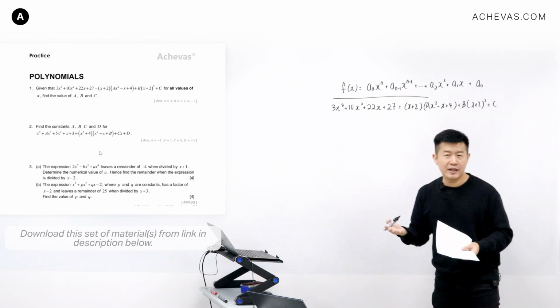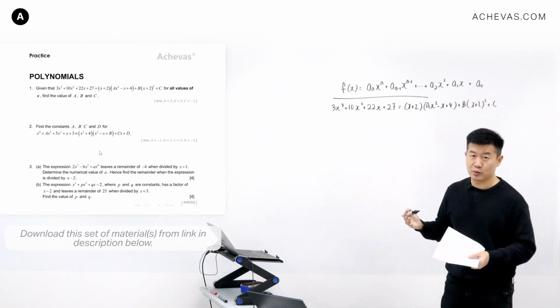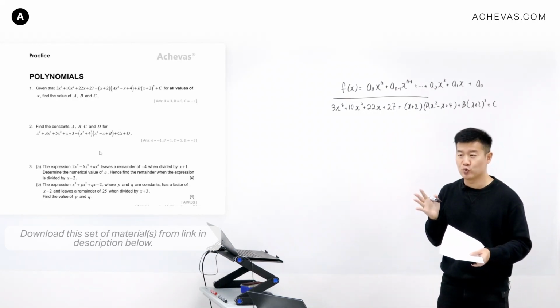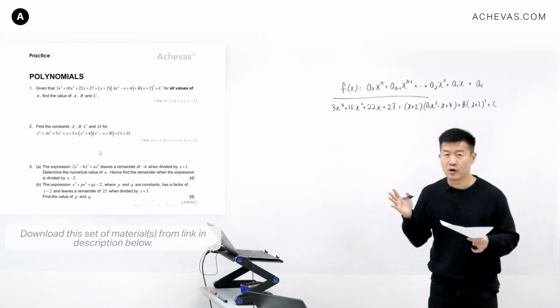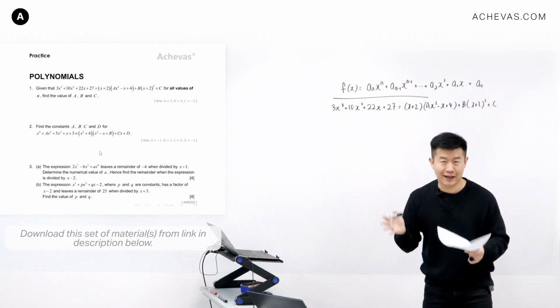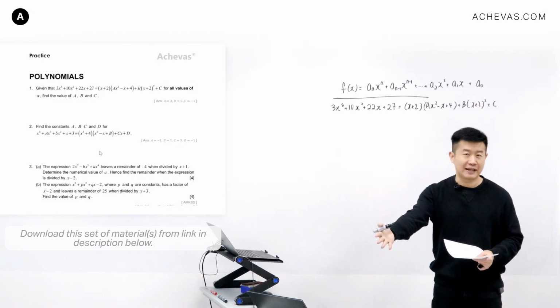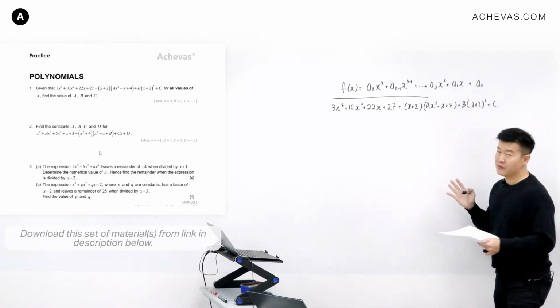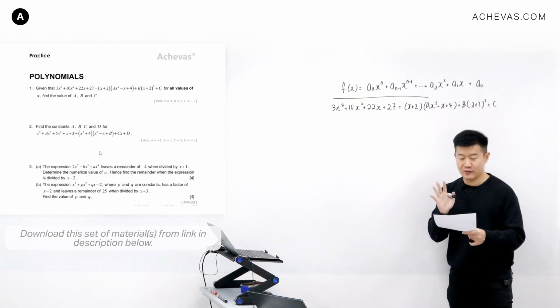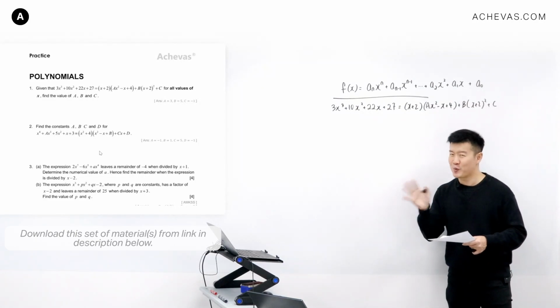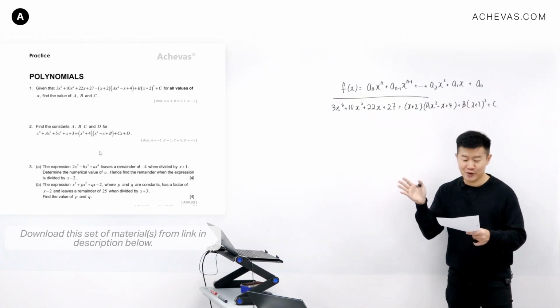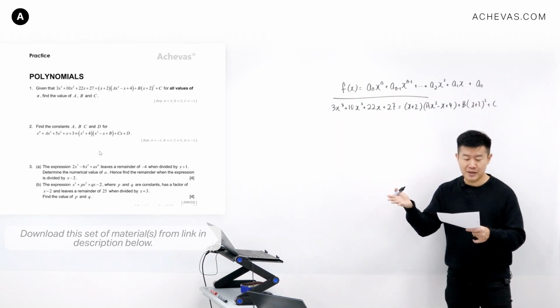So what are convenient values of x that I can substitute in? The reason why I can do so is because this is true for all values of x. That is why it gives me the privilege to substitute any values of x in. So what are convenient values? Let me show you one possible convenient value. The moment you see it, you know why this number is pretty convenient for us to solve for a, b, and c.